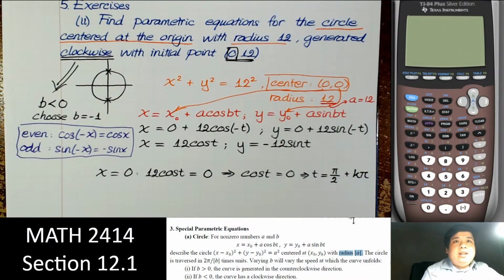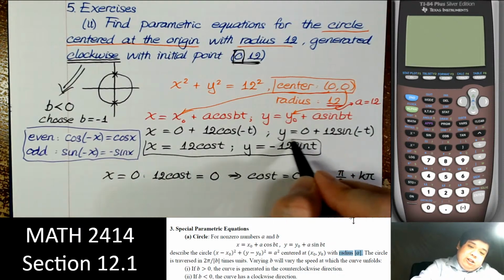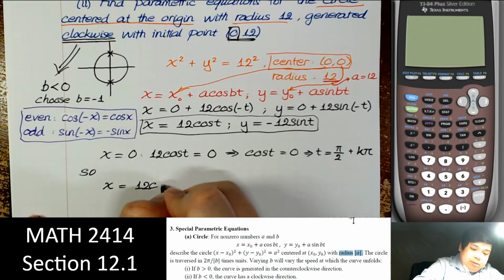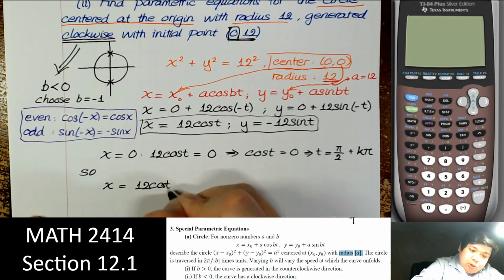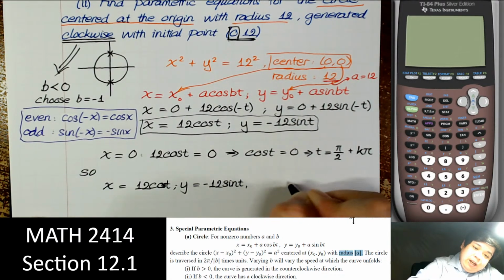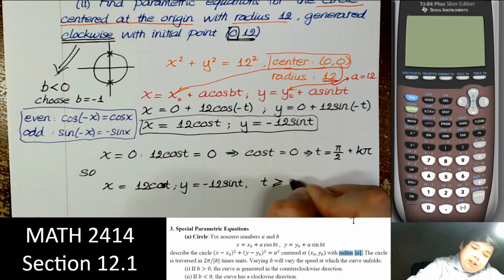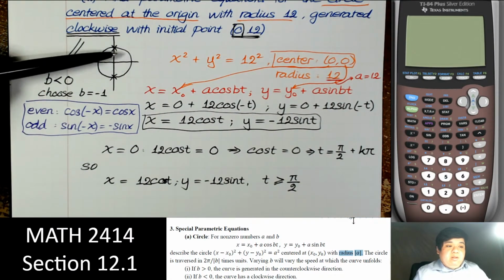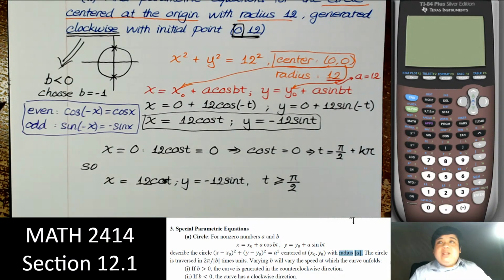So pi over 2, that is. Put this information together: we have x equal to 12 cosine t and y equal to -12 sine t, and t greater than or equal to pi over 2. So we start at pi over 2 and we go forward.